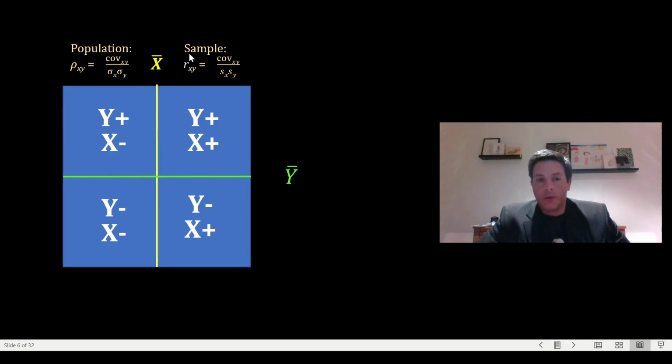The correlation coefficient in a sample is exactly the same, but instead of using the covariance and the standard deviations in the population, we use those in the sample.